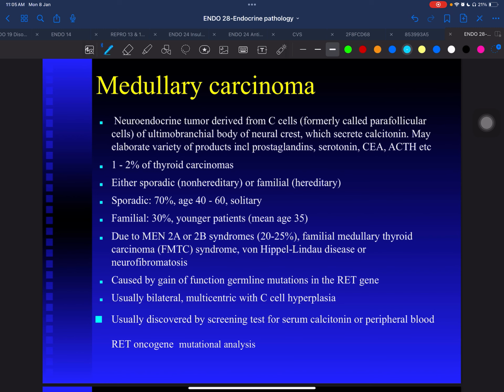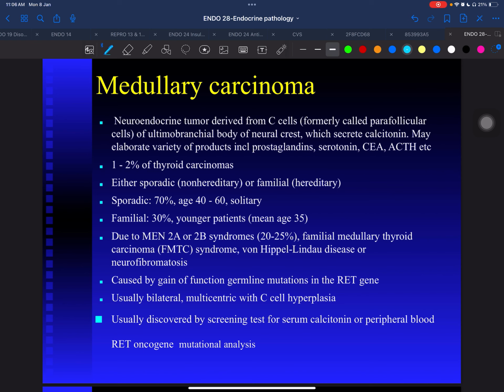The familial ones are usually younger patients, those with MEN 2A and 2B, with a mean age of about 35. It's caused by gain of function germline mutations in the RET gene.